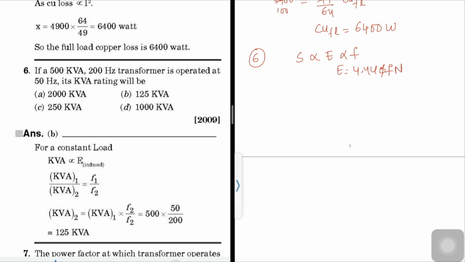So E is proportional to f, so S is proportional to f, right? So S1 by S2 equals f1 by f2. At 500 kVA, the frequency is 200 Hz. Now at 50 Hz, what is the kVA rating? So S2 equals 125 kVA.